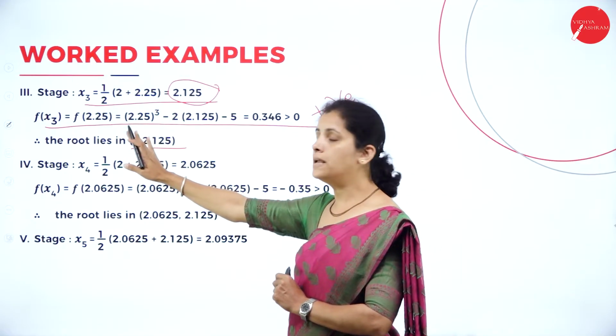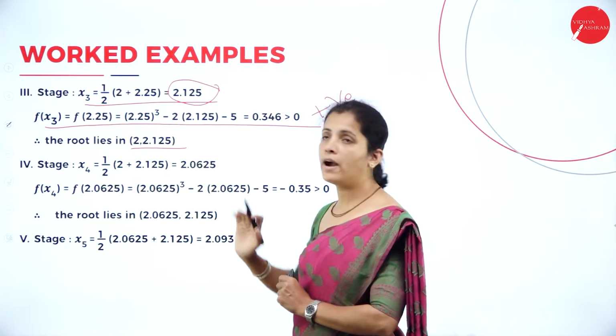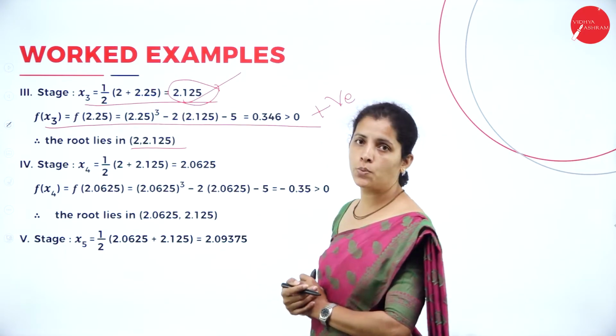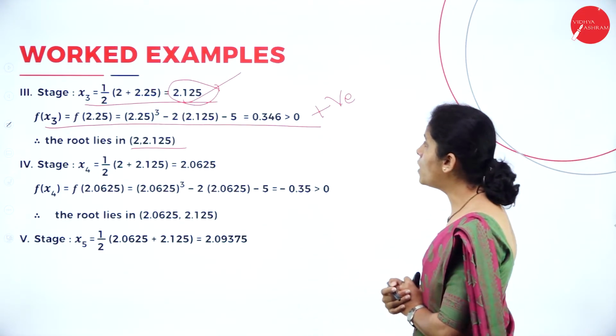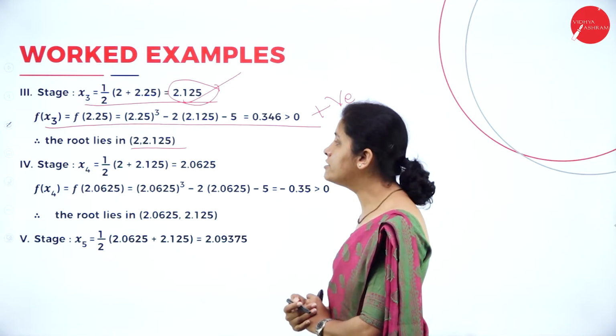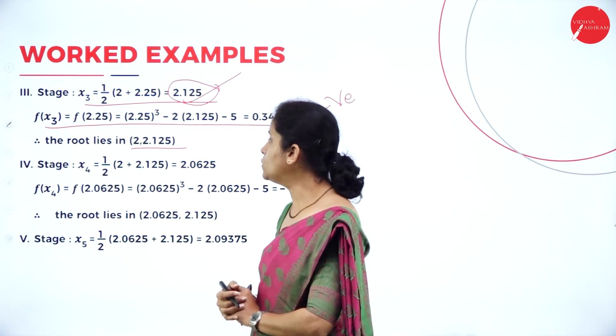So A remains as it is. So A is 2. I'm going to modify B. So B is my previous X value, that is 2.125.